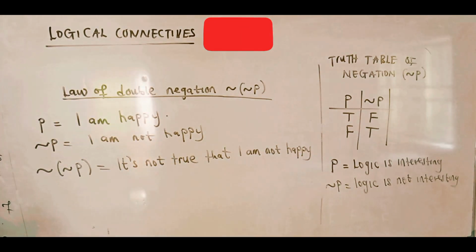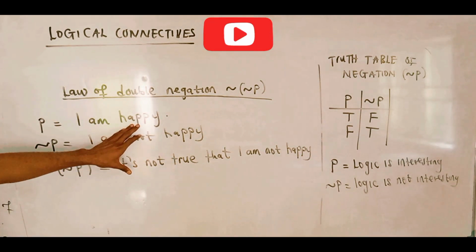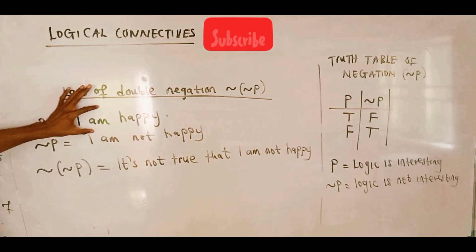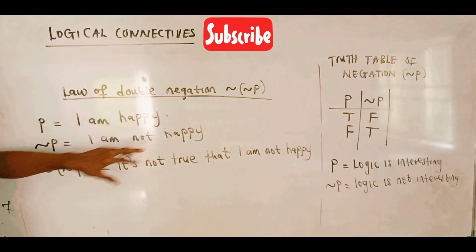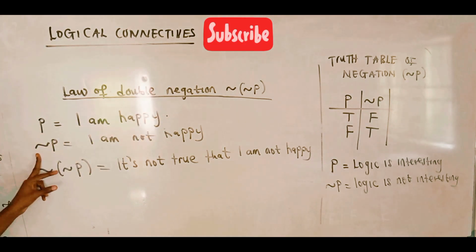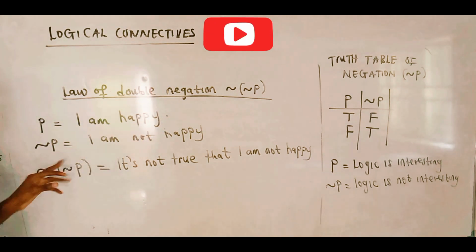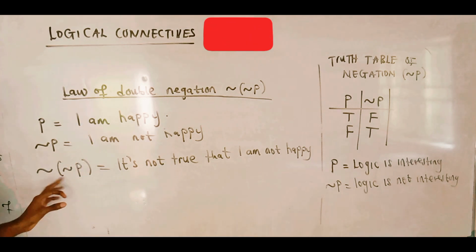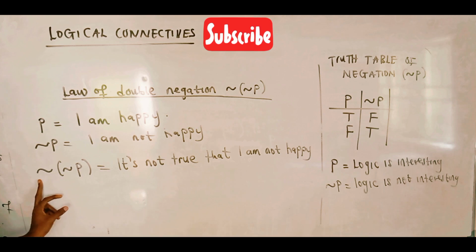Okay? The first negation, the main statement says I am happy. The first negation says I am not happy, which is the opposite of the first. Then the double negation says it is not true.